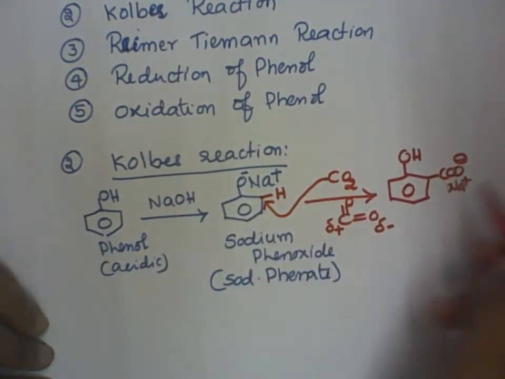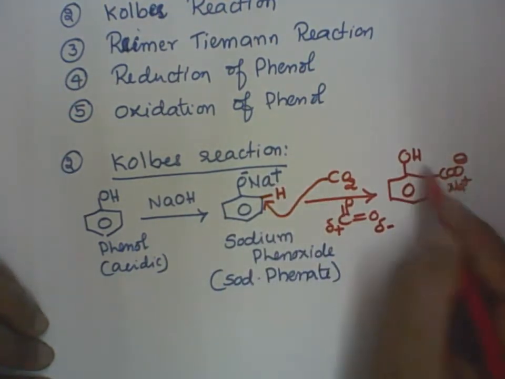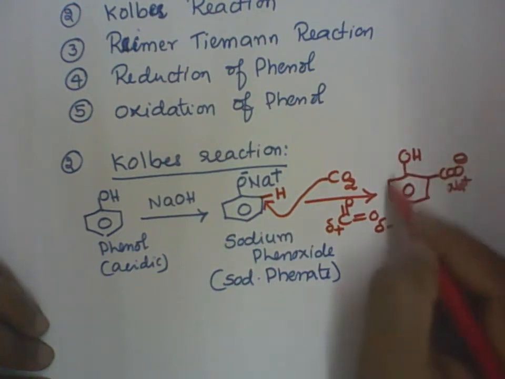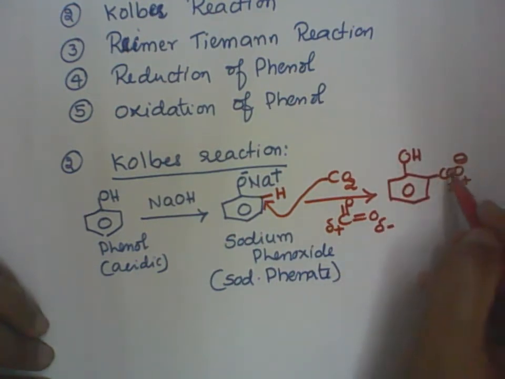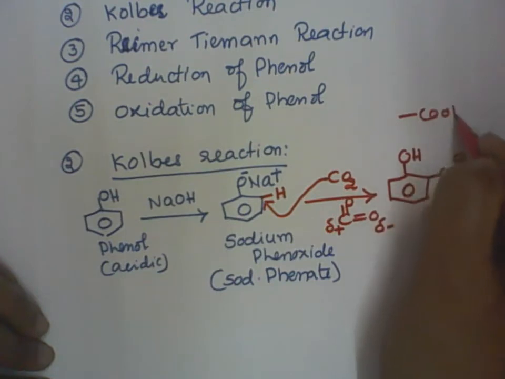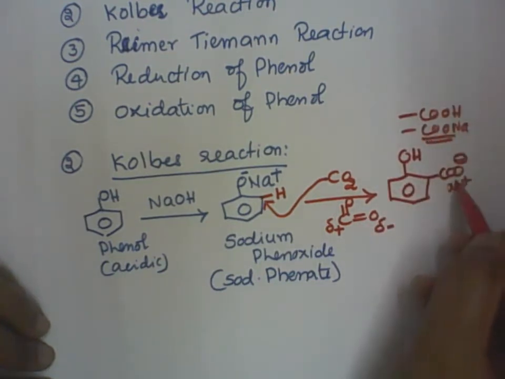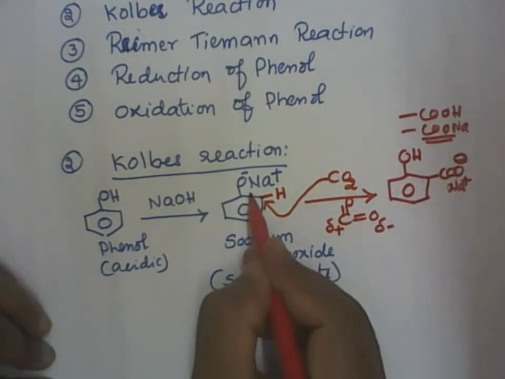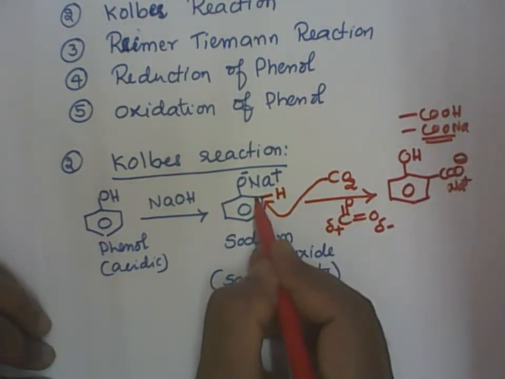So that means we are going to get the sodium salt of the compound. This COOH has become now COONa. Now this is the sodium salt of the carboxylic acid. This is the sodium salt of the phenol.